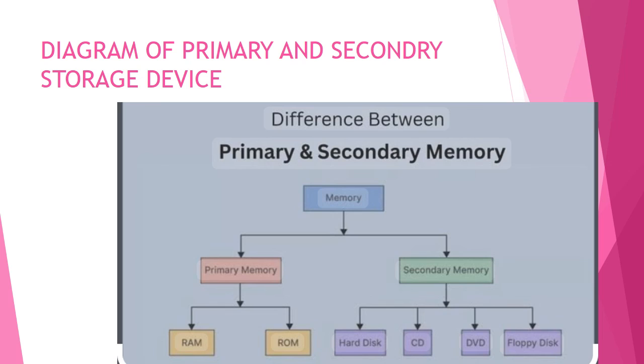Since we said that the primary storage, which are RAM and ROM, are volatile and non-volatile, the volatile saves information and data on the computer system temporarily, while the non-volatile saves data and information into the computer permanently. So the hard disk drive, CD, DVD, and floppy disk drive are drives that store data and information permanently on their own.